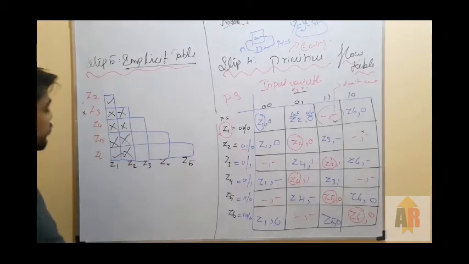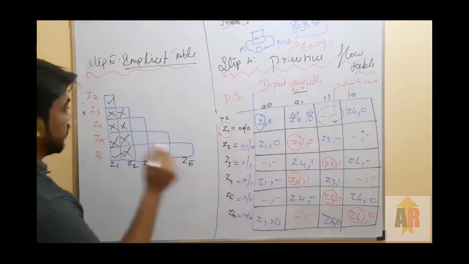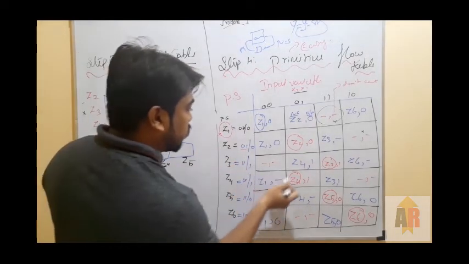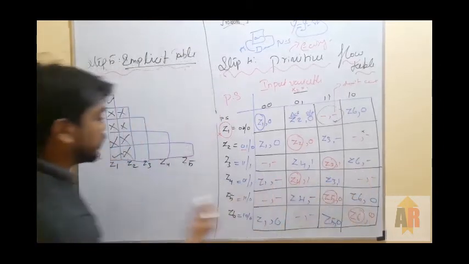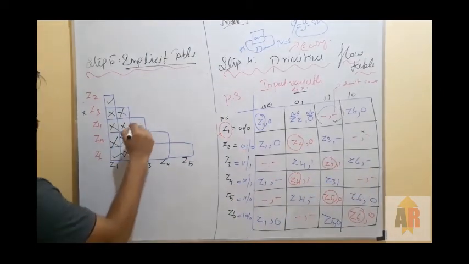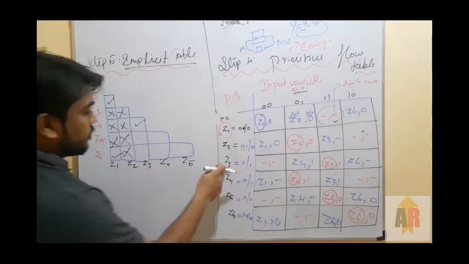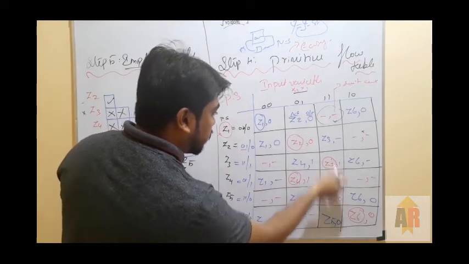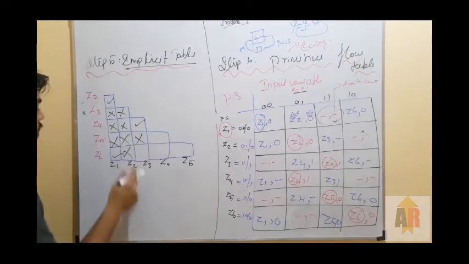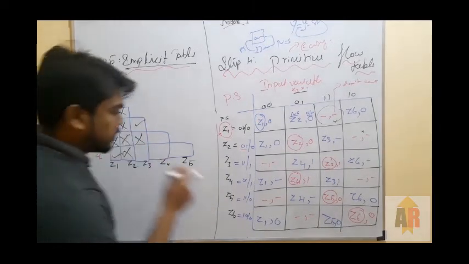Then come to Z3 with Z4. No problem, no problem. So Z3 and Z4 is possible. Z3 with Z5. No problem, but not possible, so cancel. Then Z3 with Z6.